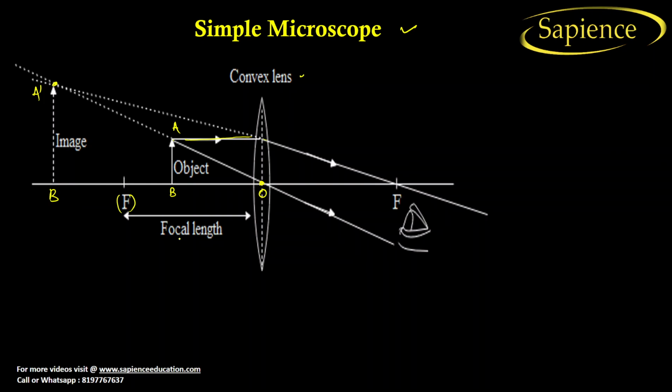Now we can understand that the distance between the optical center and the focus is f, the focal length. When we talk about the object distance, this is the object, so u can be considered as the object distance. If you want a clear image, the image should be formed at a minimum of 25 centimeters from the lens, otherwise it will not be clear.